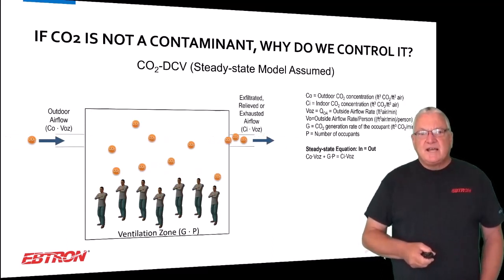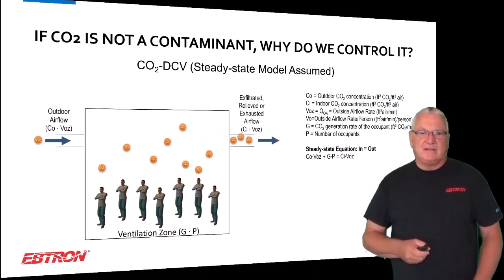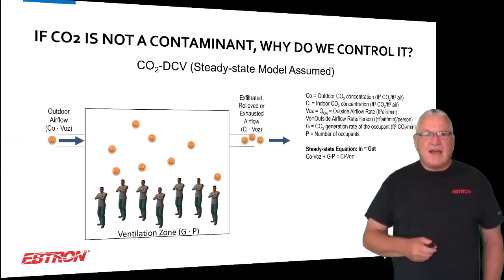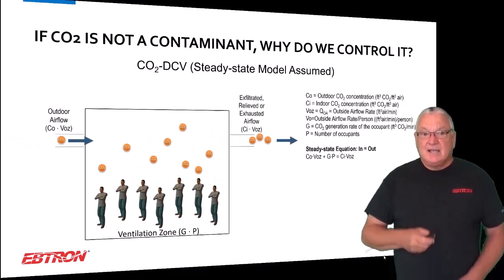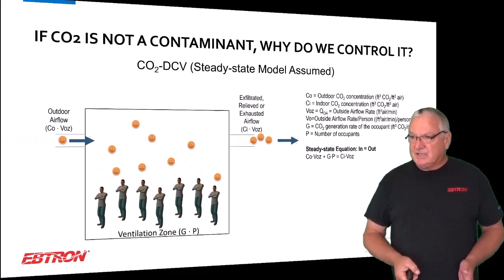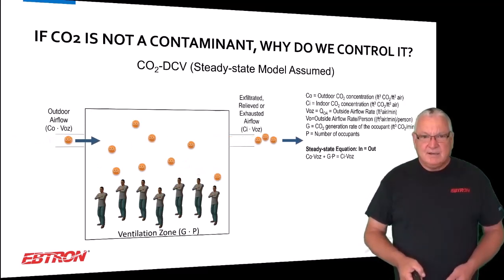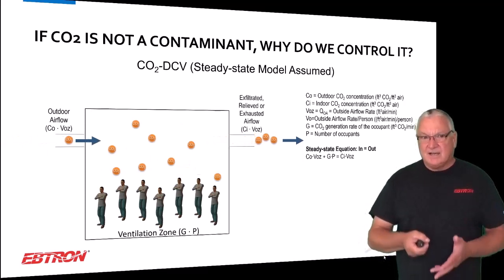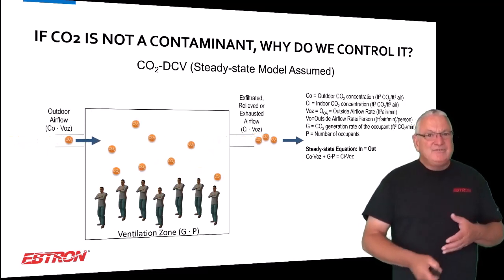We've assumed steady state as long as we've talked about CO2, all the way back to the beginning days of ASHRAE 62. Steady state, steady state, steady state. Steady state means the population's constant and the amount of outdoor air that's coming in is constant. But we're applying this to a space where the population varies, and you vary the outside air.